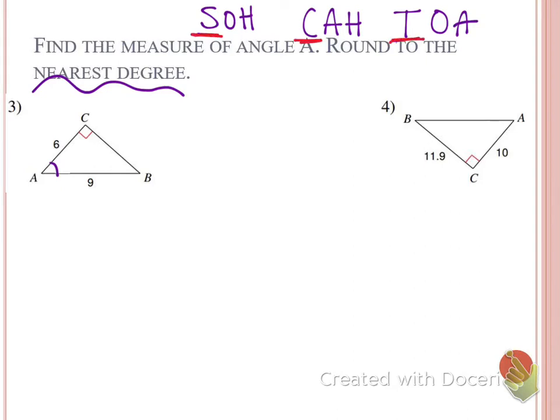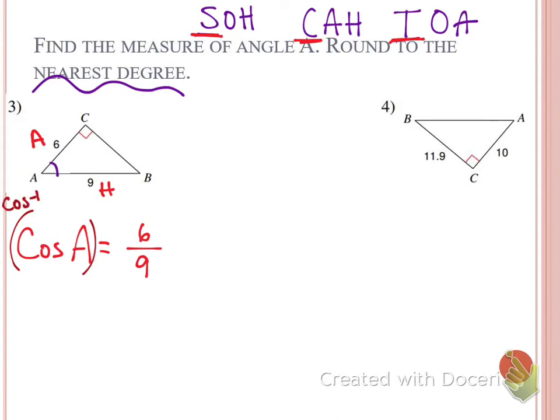So on the first, from angle A, we know 9 is the hypotenuse, and we know 6 is adjacent. So which trig ratio deals with these two sides? It is cosine. So we're going to say cosine from angle A will equal the adjacent, which is 6, over the hypotenuse, which is 9. Once you have set this up, again, we want to solve for angle A. So we're going to use the inverse.